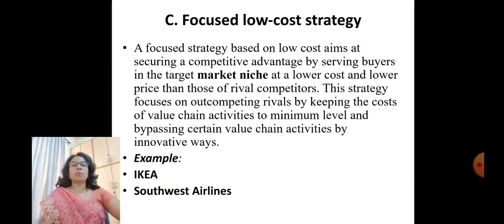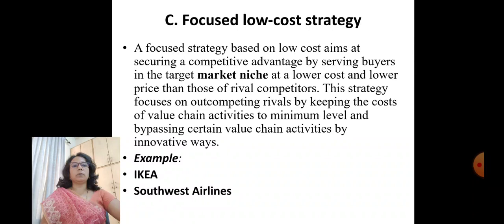Alright, so before I get directly into the focused low cost strategy, let me just give you the basic background of Porter's generic strategies. The generic strategies can be used to determine the direction, that is the strategy, of any organization. Michael Porter uses 4 to 5.